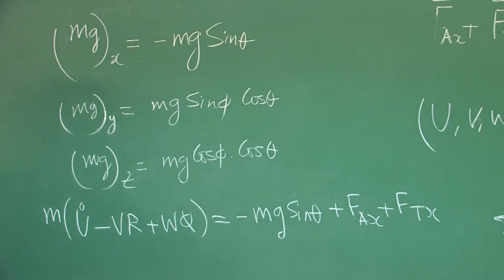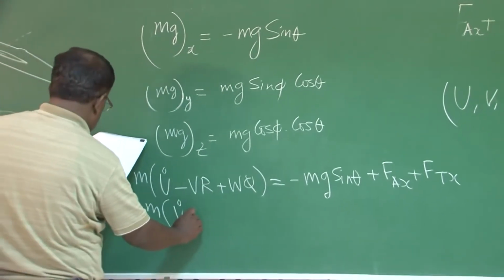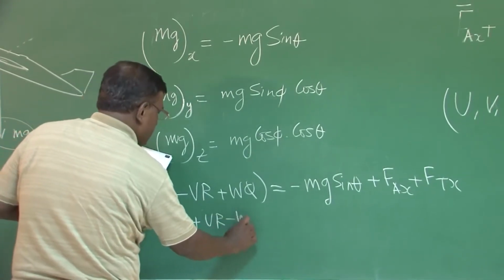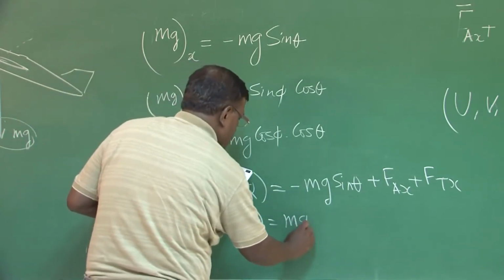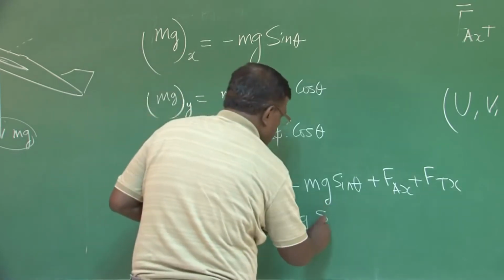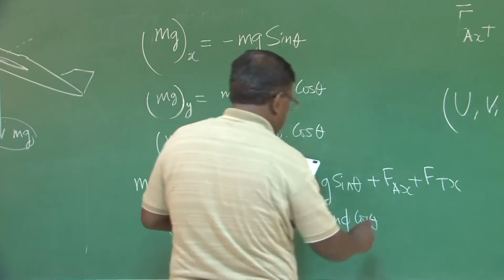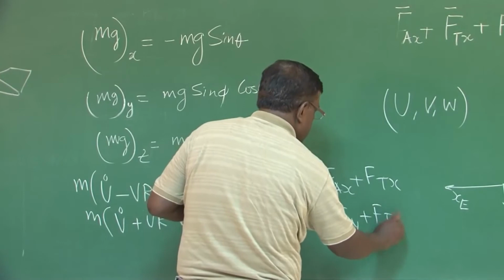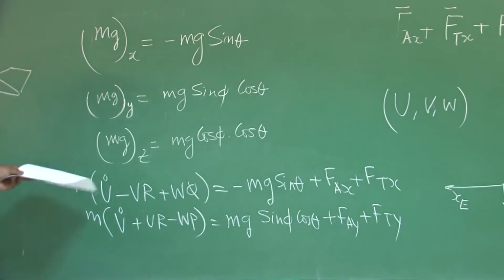Similarly, for the other equation I can write m v dot plus ur minus Wp equal to mg sine phi cos theta plus Fay plus Fty, and the others you can easily write using this.